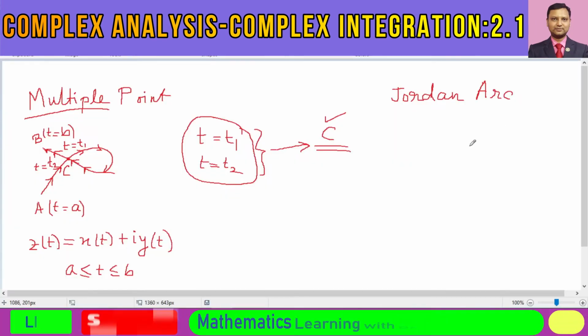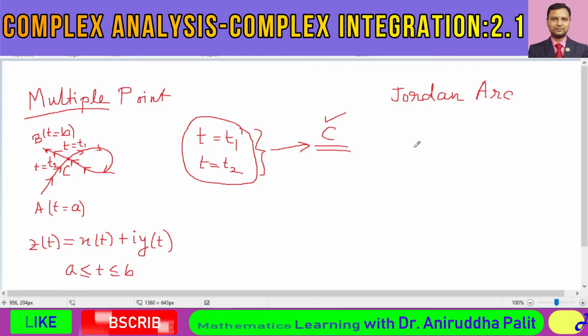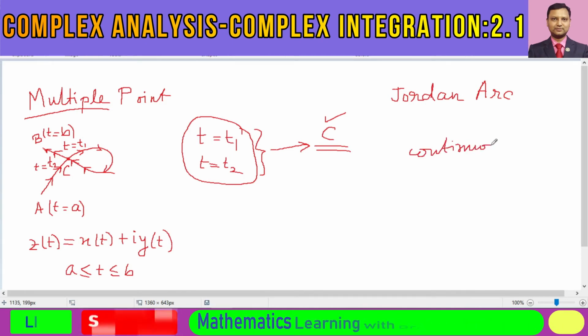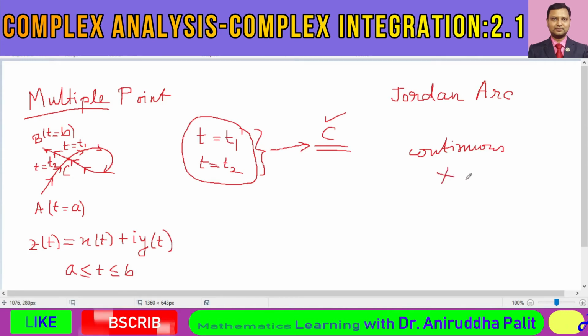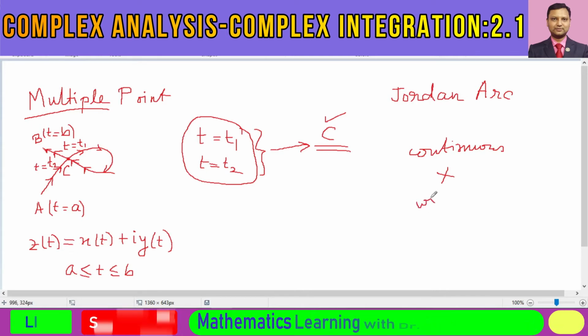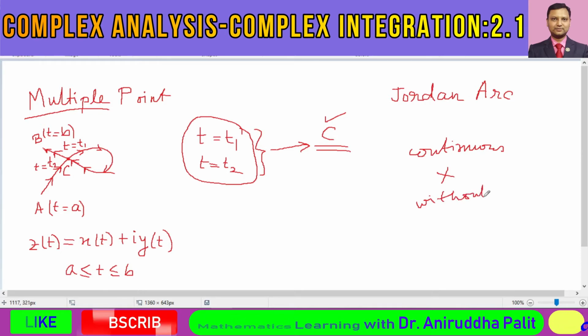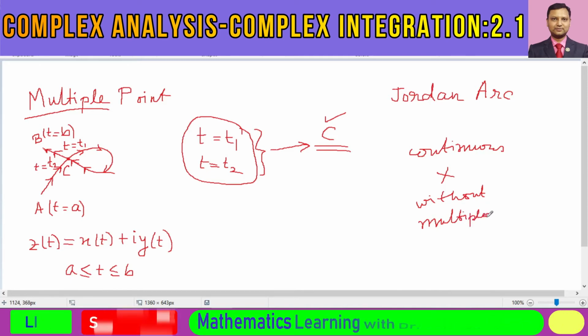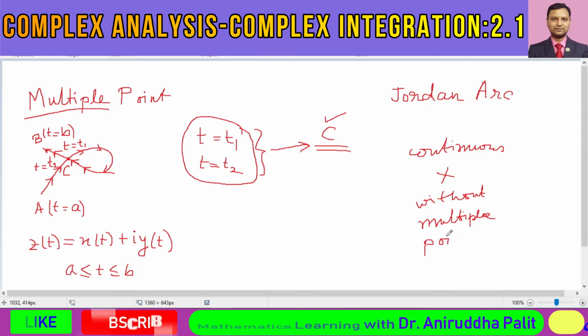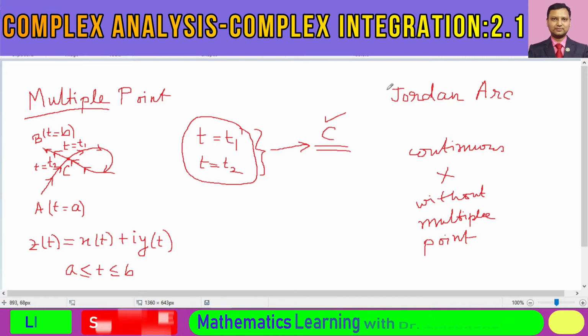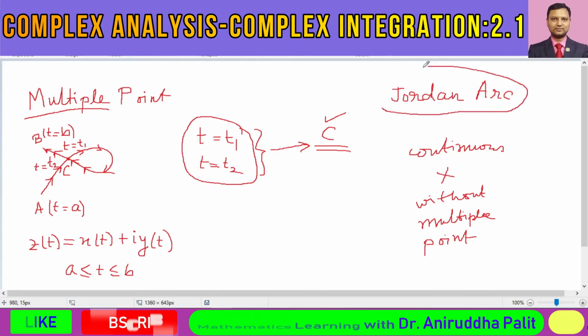The Jordan arc says that any arc, if it is continuous and does not have any multiple point, without multiple points, then such curves are called Jordan arc, or in some books it is also referred to as Jordan curve.